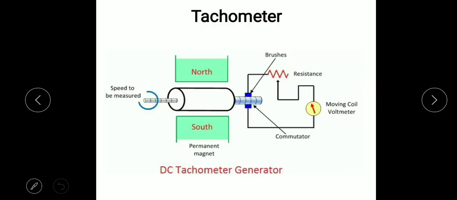Now we will discuss what a tachometer is. We have already used tachometers for measuring the velocity or speed of a component.